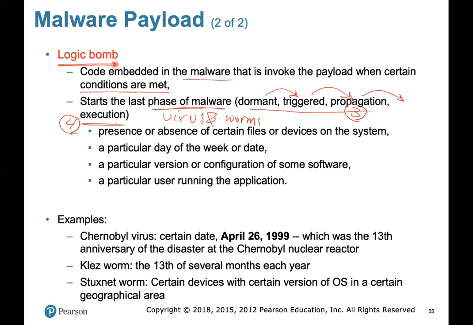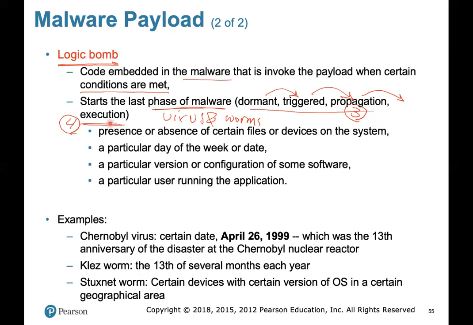And here are some examples of how a logic bomb works. For example, a logic bomb seeks the presence or absence of a certain file on the computer system. Once a certain file is created or deleted on that computer, the logic bomb explodes and the malware starts the malicious activity.